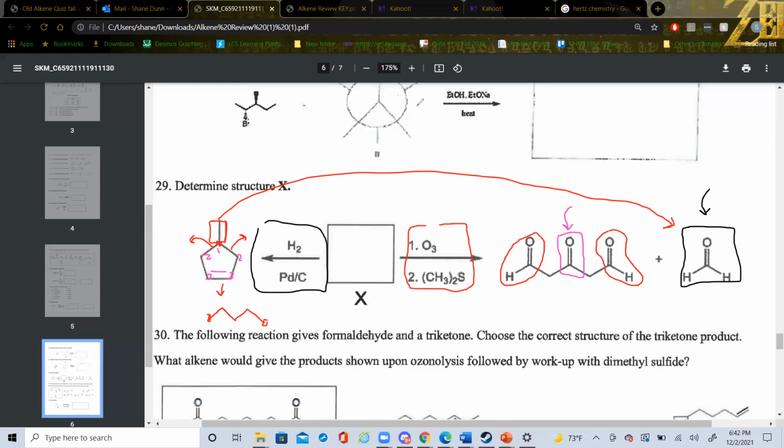So what the structure is going to look like, it's going to look like this. Double bond here and double bond here. Like I said, the red one happens, it explains why the double bond is here on this methyl group right here, because it's going to help it split off and form this guy. The double bond down there helps explain this middle guy right here. And that's how you do 29.